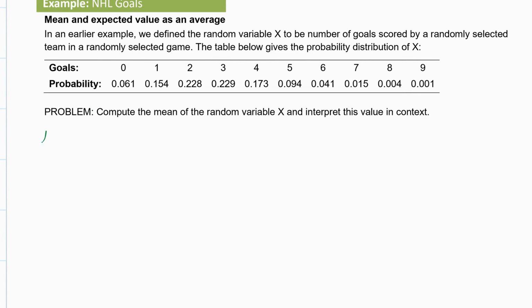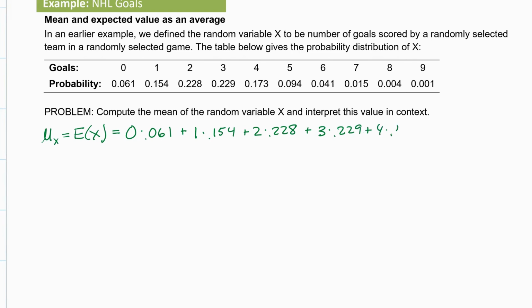Well, that mean, or the expected value, is going to be a data value like 0 multiplied by a probability like 0.061. And then we're going to do this for every combination of goals scored with their corresponding probabilities.